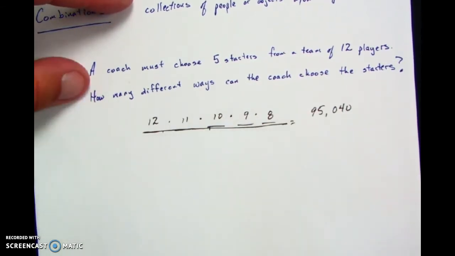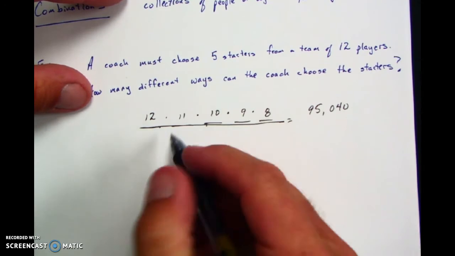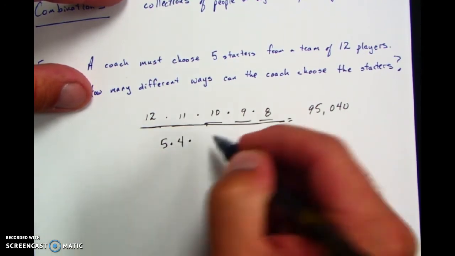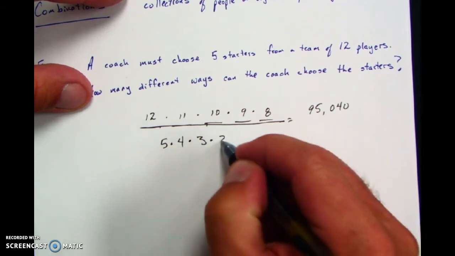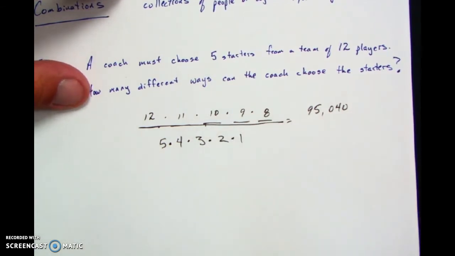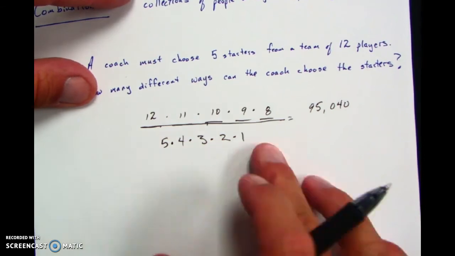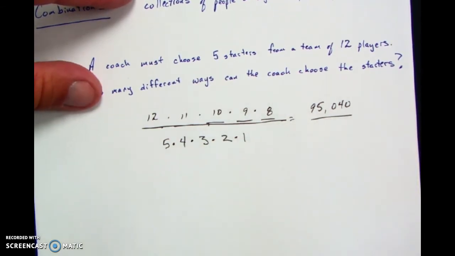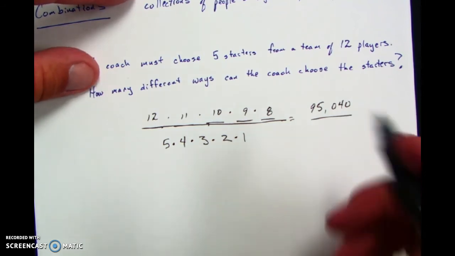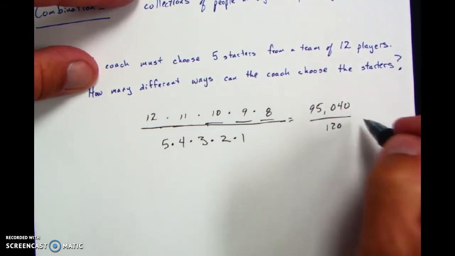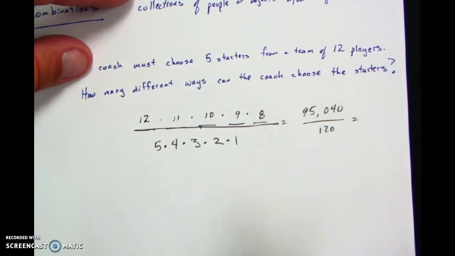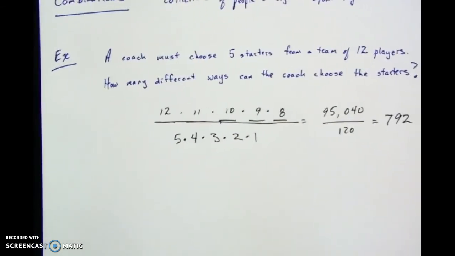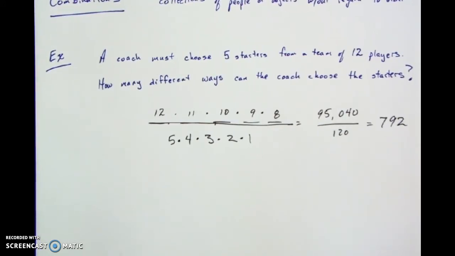To take away the repeats, we take each of those positions and multiply across there. We have the 5 spots, so we're going 5 factorial across the bottom. That is the piece that we're going to be dividing by. And so it turns out that there would be a total of 792 different combinations in that scenario.